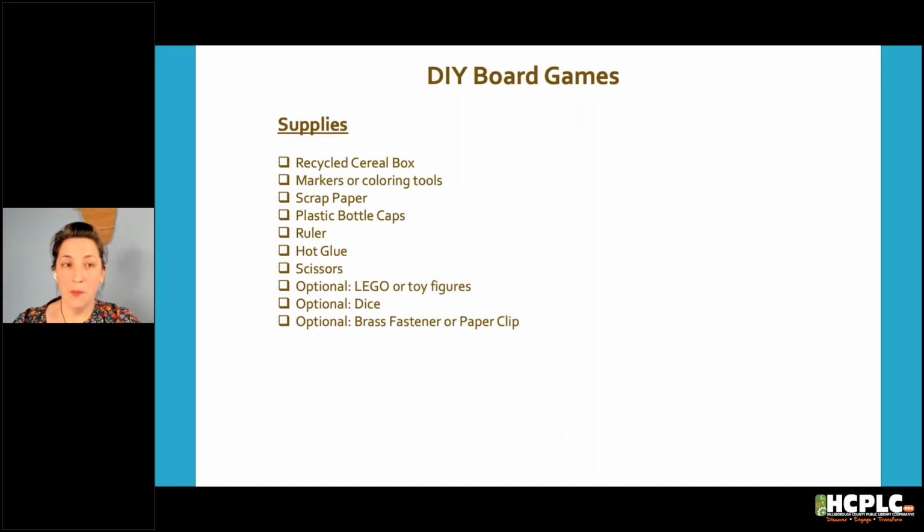I'll show you how that works. And then you just need your general supplies to glue things together and decorate and attach things to each other. It depends on what specific type of objects you can use. There's a million different ways to combine these, but these are just some basic ideas of things that you can use.